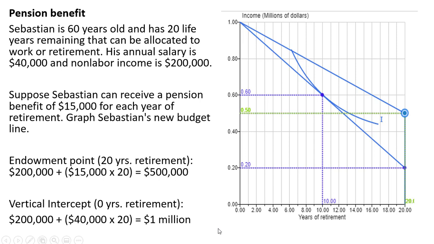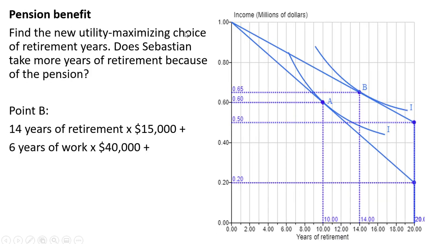Okay, let's move on. Let's find the new utility maximizing choice of retirement years. Does Sebastian take more years of retirement because of the pension? So here I'm drawing a new indifference curve. Sebastian can get on a higher indifference curve, increases utility when he has access to this pension benefit. And he chooses a point right here at point B, which means more years of retirement or fewer years of working.